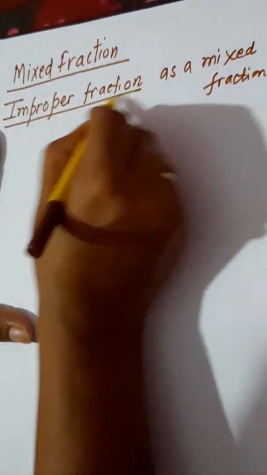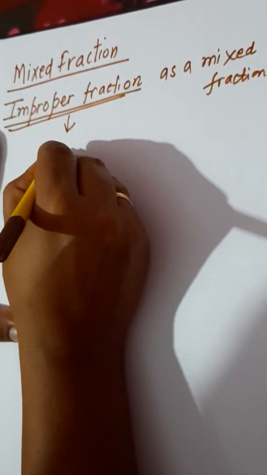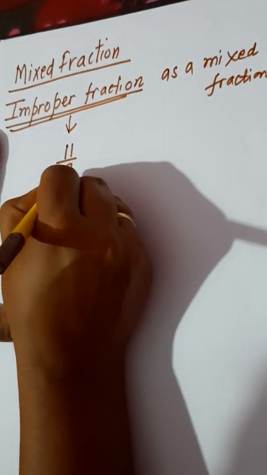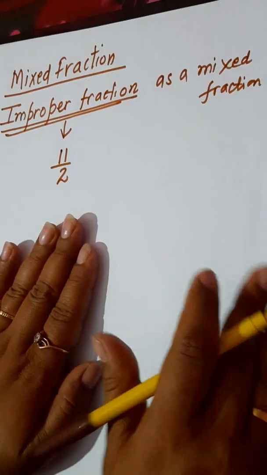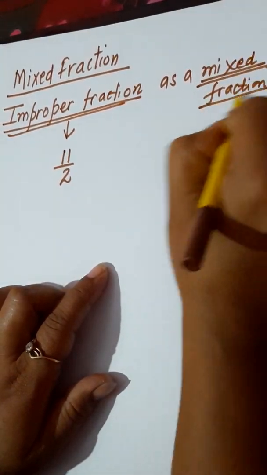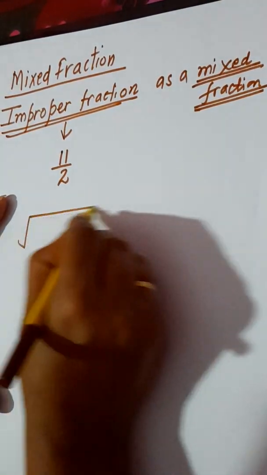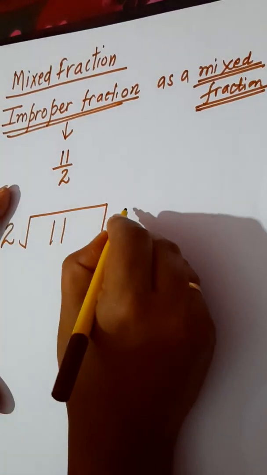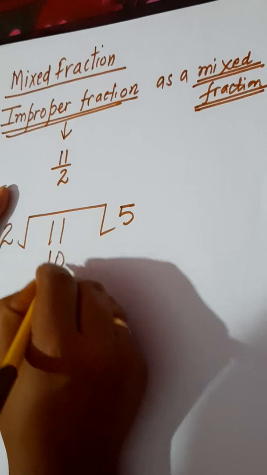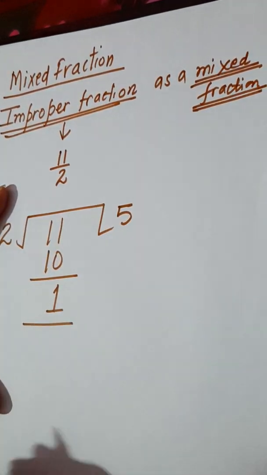Here, if I take an example, 11 upon 2. This is an improper fraction, and I have to express this improper fraction as a mixed fraction. For this, I will divide 11 by 2 first. So 2 5s are 10. So here I will get remainder 1.